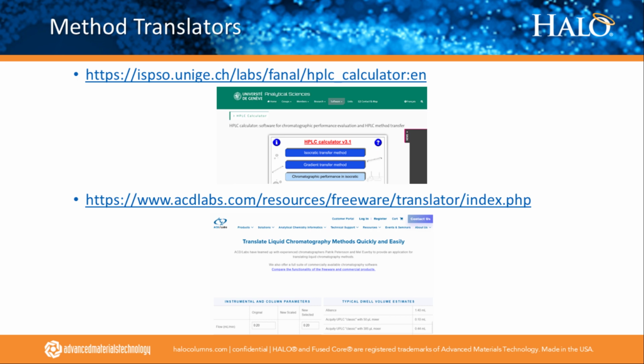And then the second one is from ACD Labs. They have a method translator freely available on their website. One thing that is nice about the one from ACD Labs is that it also lists typical dwell volumes for different HPLCs and UHPLCs.